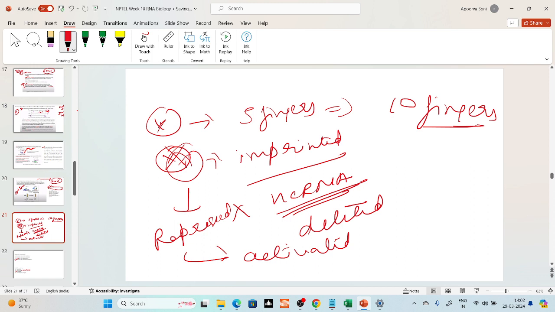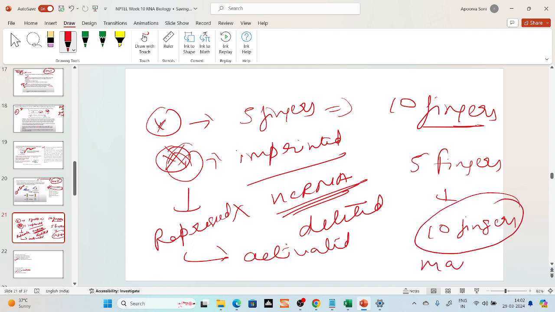So now, in one hand, normally you should have five fingers, but now you have 10 fingers. So what is this? This is malformation. And this malformation is known as homeosis.